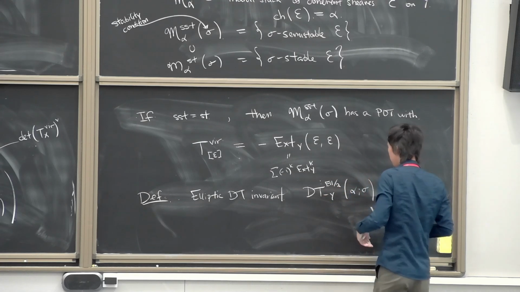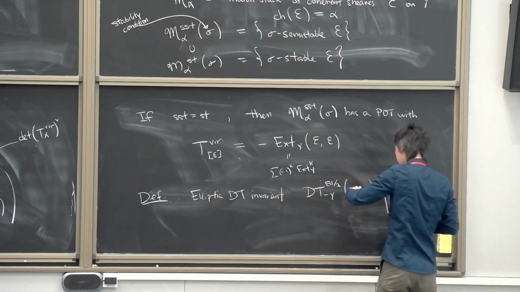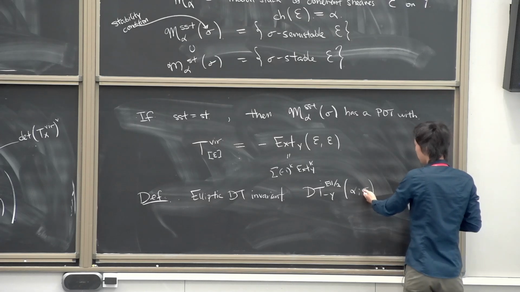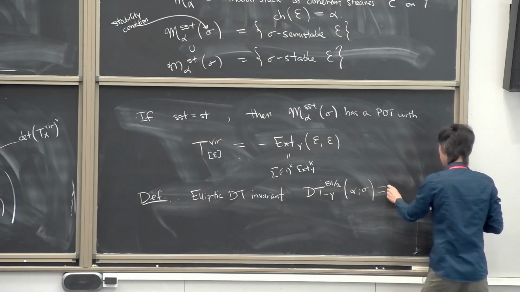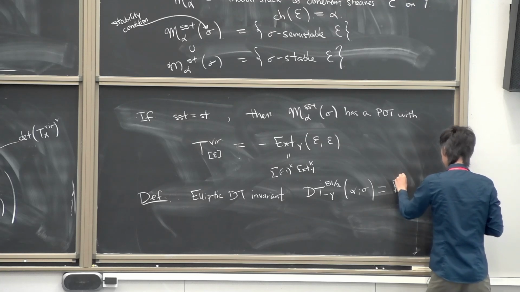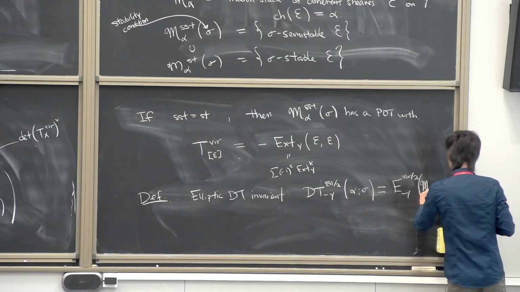So it will depend on which component of the moduli space it's attached to, it will depend on your stability condition, and this is really just the virtual chiral elliptic genus of the sigma semi-stable locus of class alpha.